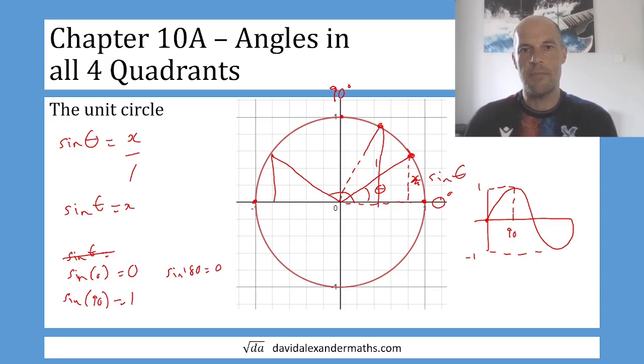Now, once we get beyond 180 degrees, remember, there was no height whatsoever at 180 degrees, which is here. But as we go beyond 180 to 270, we are now having some height again to this triangle, but the height is negative height. So it's in the minuses here.